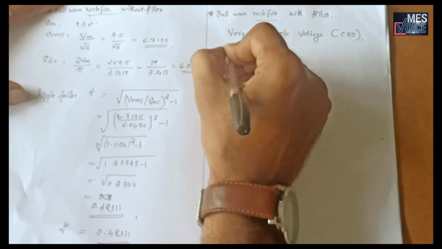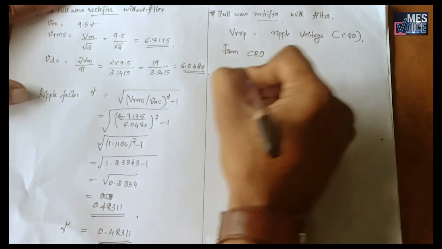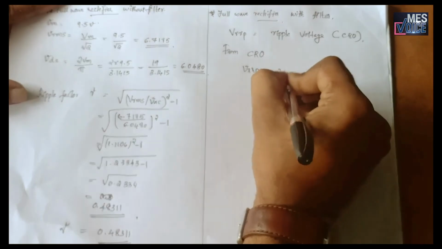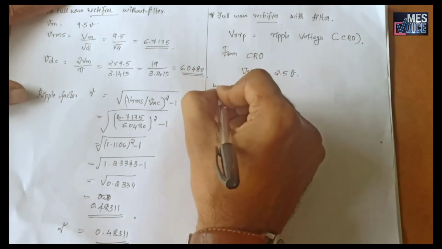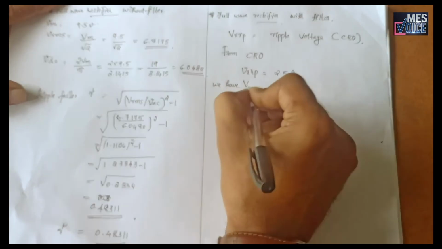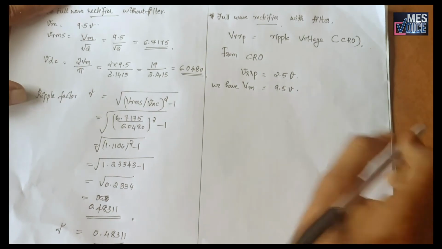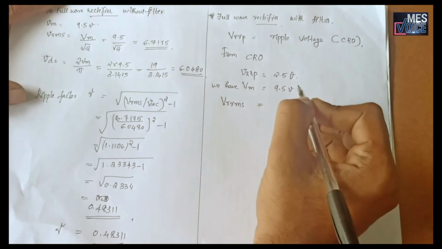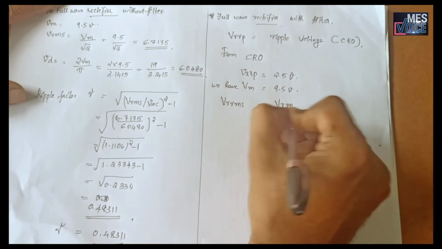Now let's calculate the ripple factor of the full wave rectifier with a filter. From the CRO we get the V_r peak-to-peak voltage equal to 2.5 volts. So we have the mathematical equations. We are going to calculate the ripple factor. For that we need Vm equal to 9.5 volts, which is from the CRO.